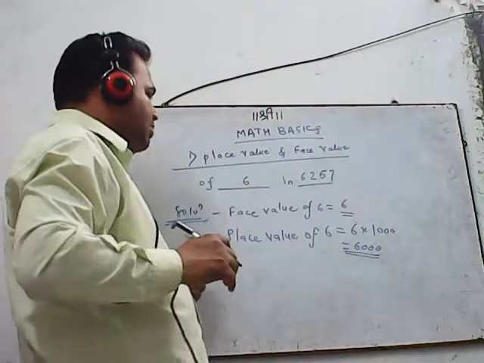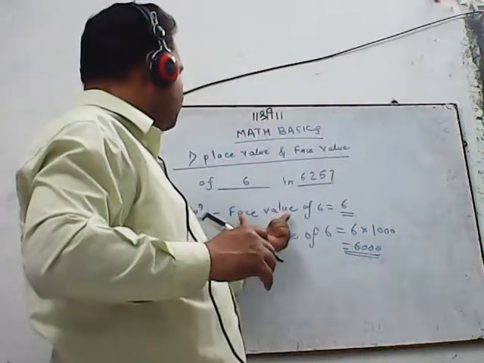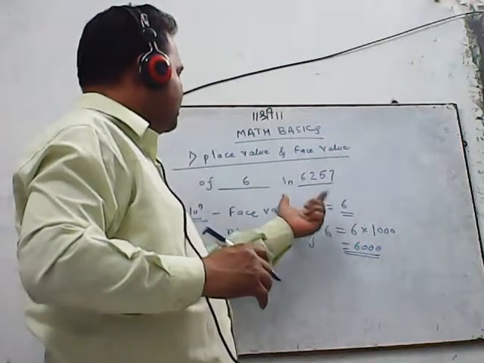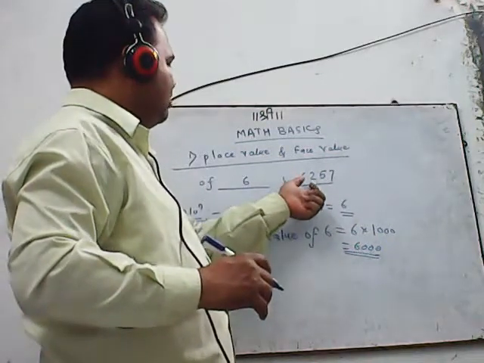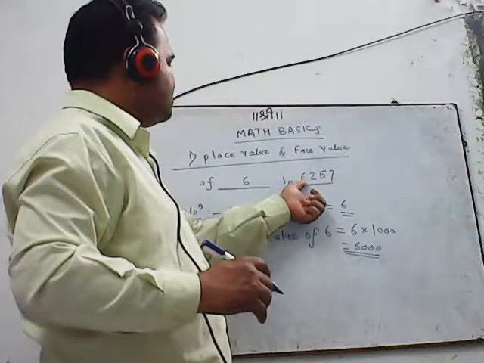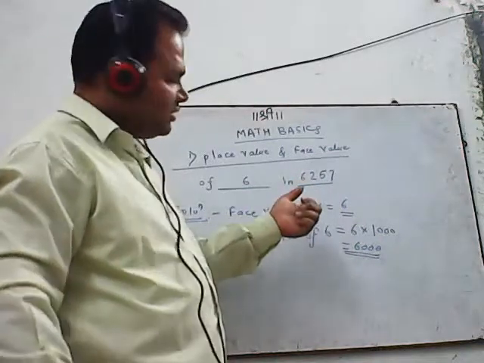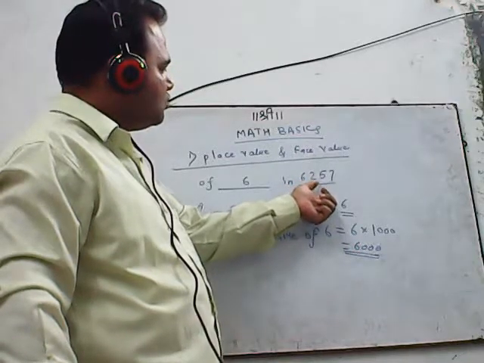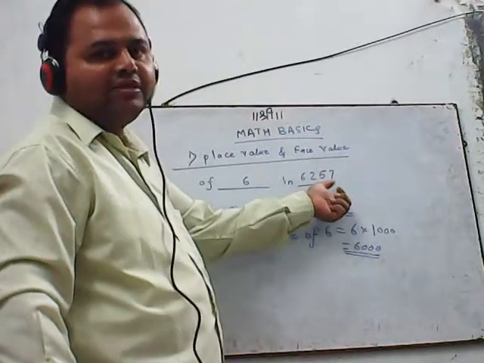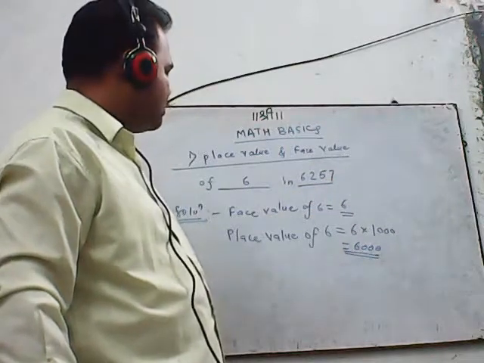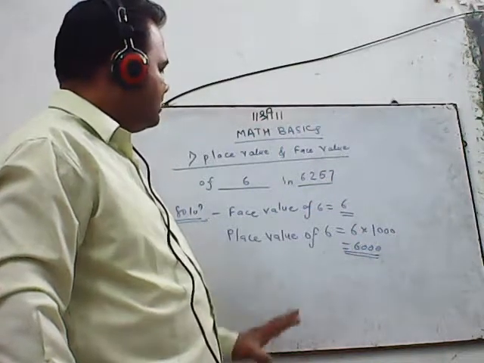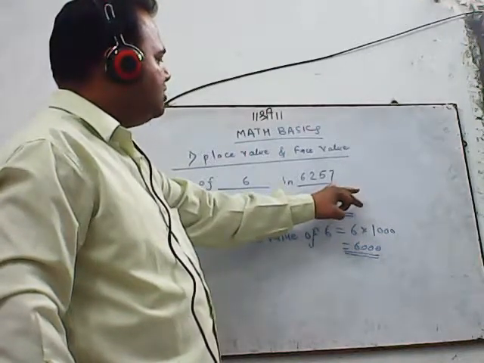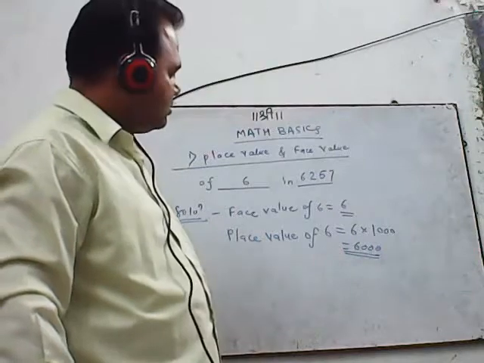Please keep in mind, face value will always be equal to the digit itself. It remains the same as the digit. Here the face value of this digit 6 is the same as the digit 6. This 2 is 2, this 5 is 5 and this 7 is 7. But place value changes according to the place of each digit in the given number.